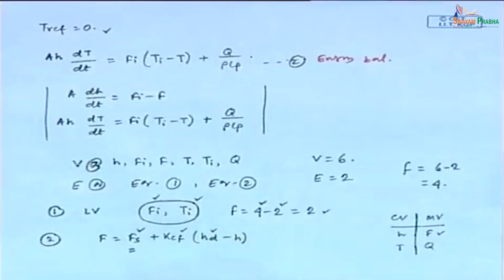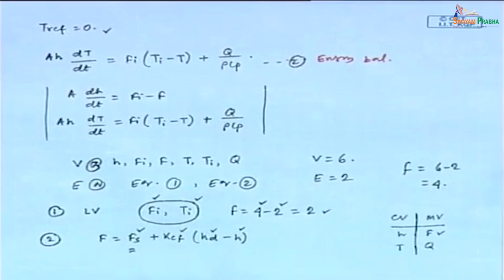Hd is the desired value and H is the liquid height. So, this is one additional equation.